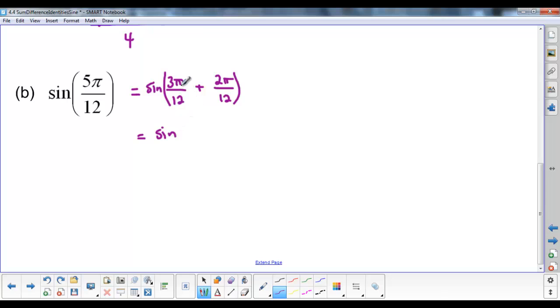If you look inside, you can simplify each one of these things. So if we reduce 3 pi by 12, it reduces into an angle that is found in our special triangles. Same for 2 pi by 12. If we reduce that, we end up with pi by 6, also from our special triangles. Okay, so now we can use the sum identity for sine of pi by 4 plus pi by 6.